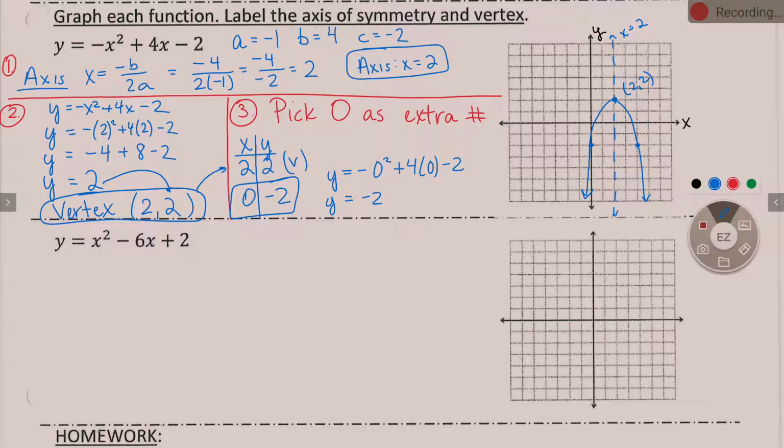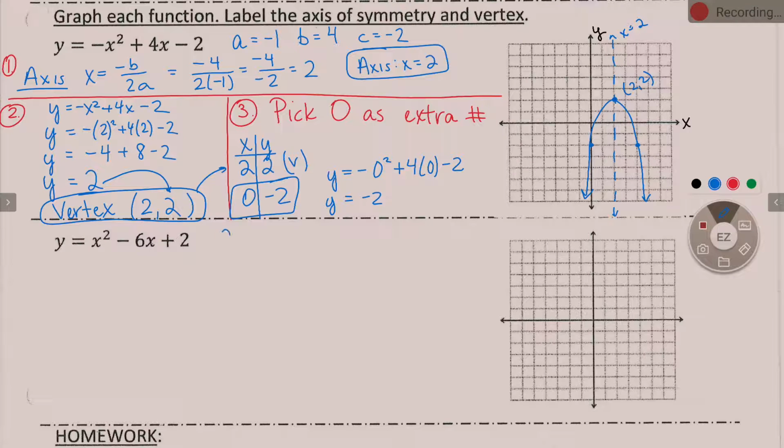Think you can handle that process? Shall we practice it one more time? Make sure we're kind of following along? Okay. So y equals x squared minus 6x plus 2. The x squared would be the a. What's the number in front of it that makes the a, though?